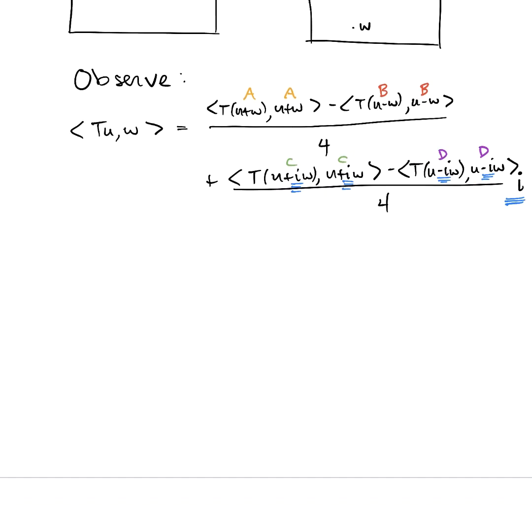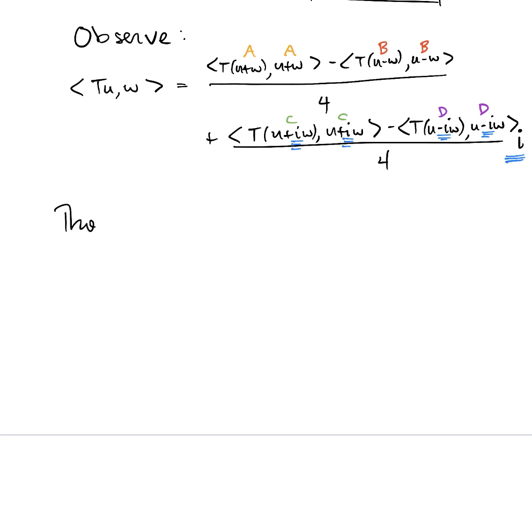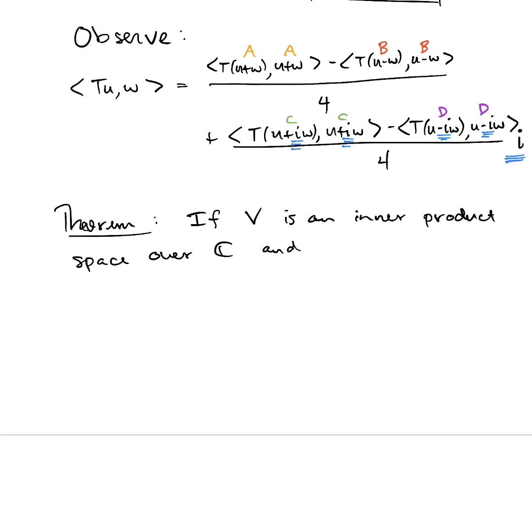If you believe in the fact, then you get a little theorem. And the theorem says, if V is an inner product space over C, and T, an operator on V, satisfies inner product TV with V equals 0 for all V in the space, then in fact, the operator is the 0 operator.